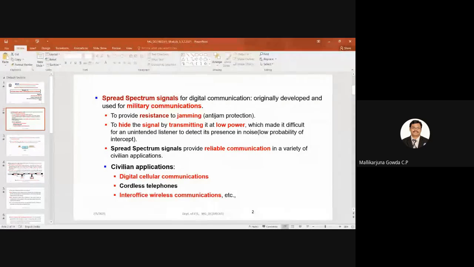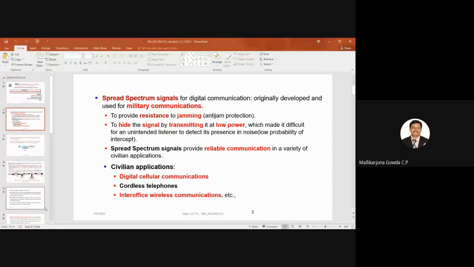What I said is that with the spread spectrum signal, we are able to hide the signal by transmitting it at low power. With that, it becomes very difficult for an unintended listener to detect its presence in the noise. So we are able to achieve reliable communication using spread spectrum signals, even in a variety of civilian applications.